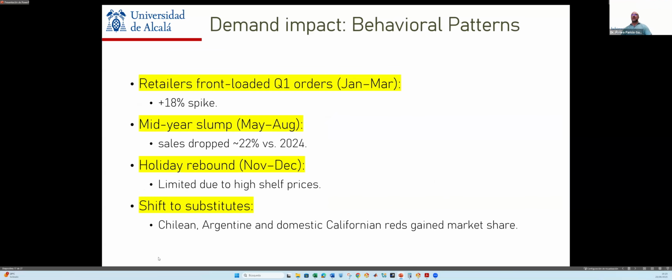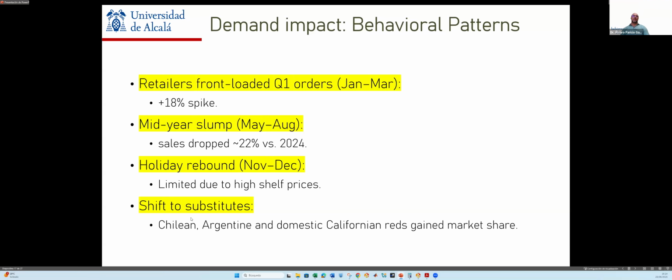Okay, so moving fast. There's also a last impact on the demand, which is the behavioral patterns. So we need to also control this: the front load for the orders, the drop in the sales, and the high shelf prices that are going to impact how we make the commercials for all this market.